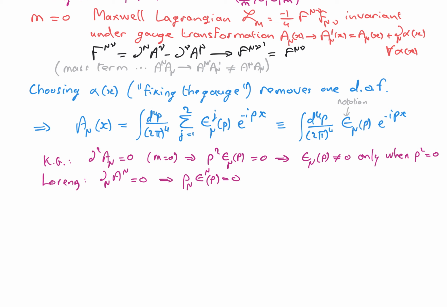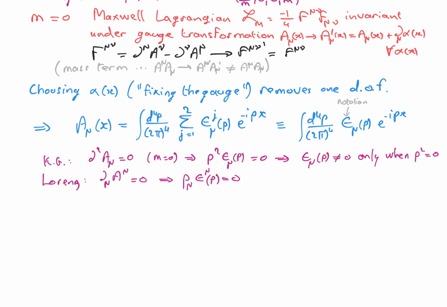So the Klein-Gordon equation tells us that the polarization vectors are non-zero only when the momentum vectors obey p squared equals 0, which makes sense because that's when they're on mass shell when m is equal to 0. And the Lorentz condition tells us that the 4-vector polarization vector is perpendicular to the 4-momentum vector.